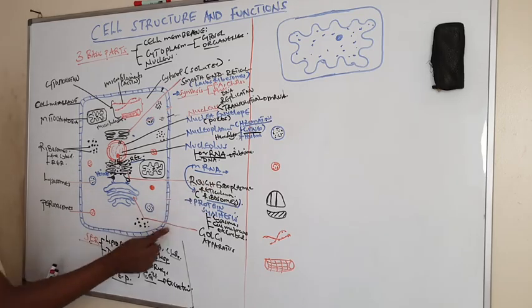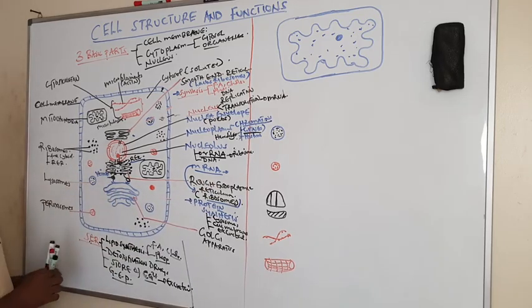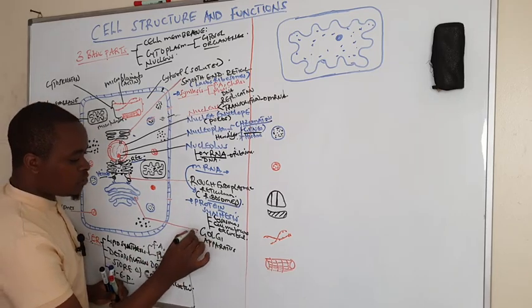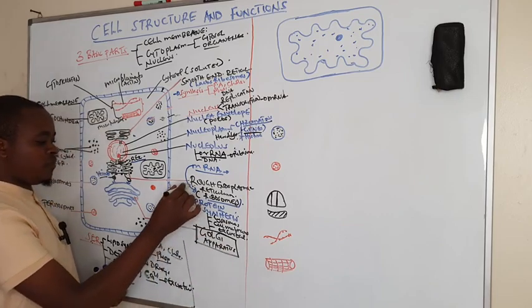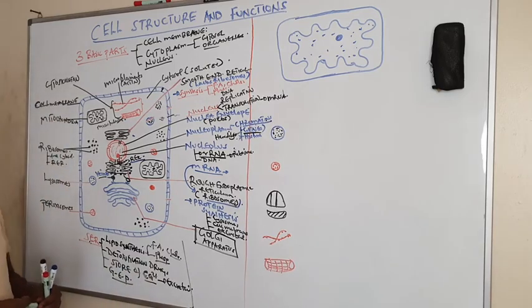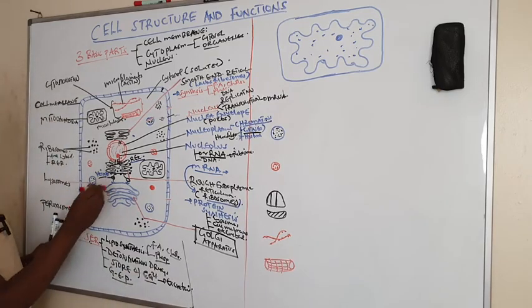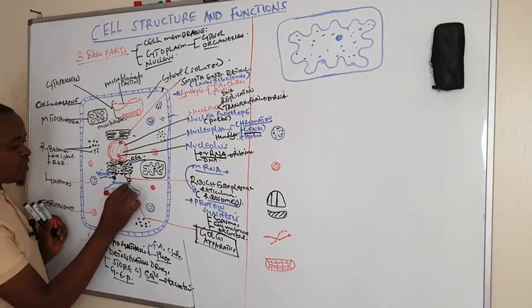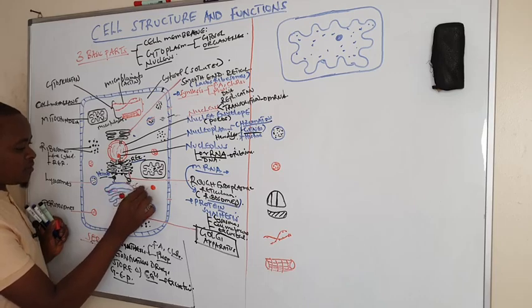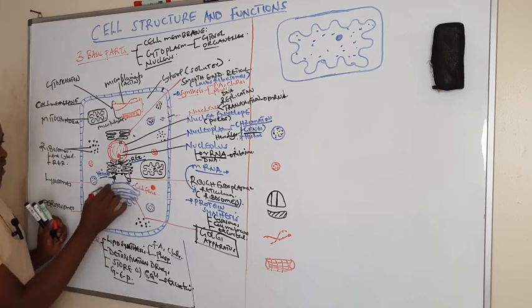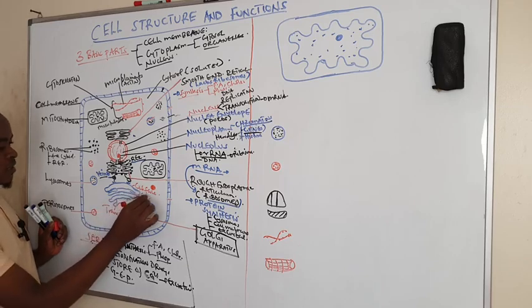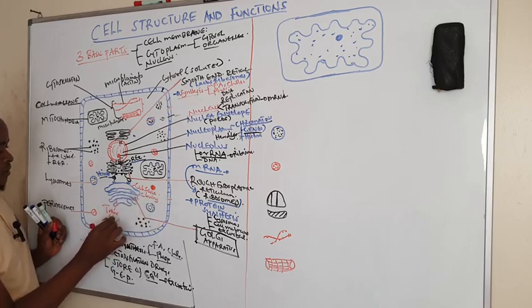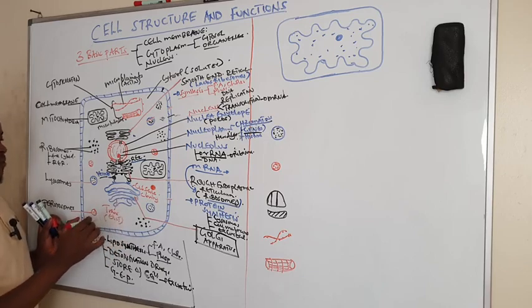We are saying the products of rough and smooth are received in the form of vesicles by the Golgi apparatus. The side that receives is called the cis face, and the exit side is what we call the trans face.